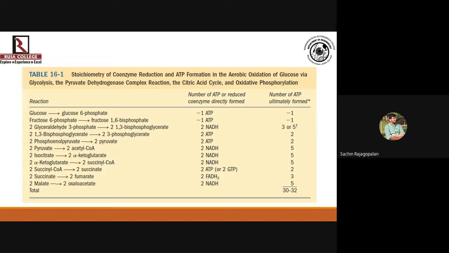To make this tally sheet, you need to have an idea of what you generated where: where I generated ATP, where I generated NADH or FADH2 molecules, and where I spent ATP molecules. This has to be very clear in your mind, because until you have clarity on which reaction contributes in which manner, you will not be able to tabulate this.